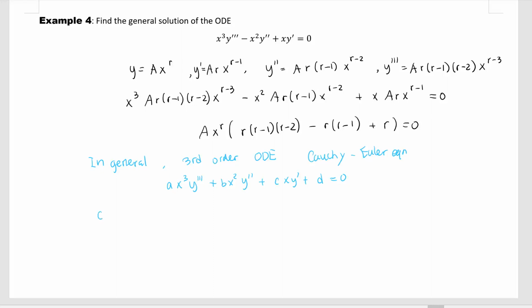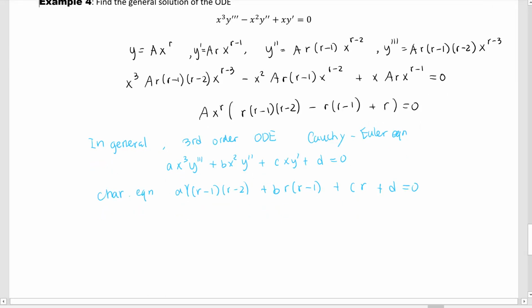Then the characteristic equation is going to be a times r (r minus 1)(r minus 2), the highest power, plus b times r (r minus 1), and plus c times r. So you always start with r and then you count down. And then plus d equal to 0. So this is in general our characteristic equation.